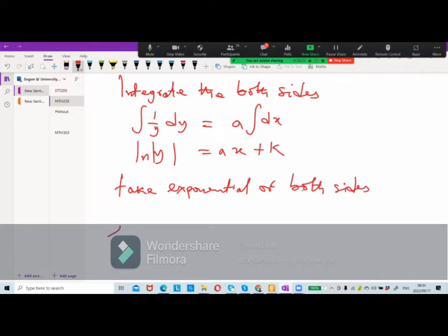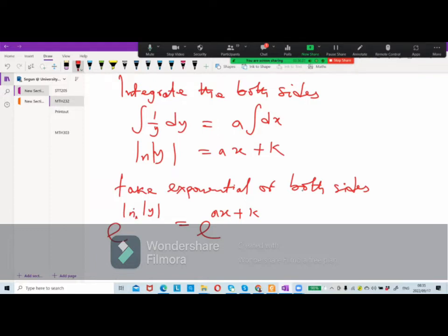Take exponential of both sides, meaning exponential of ln modulus of y equals exponential of ax plus k. This is natural log, so it will cancel this.